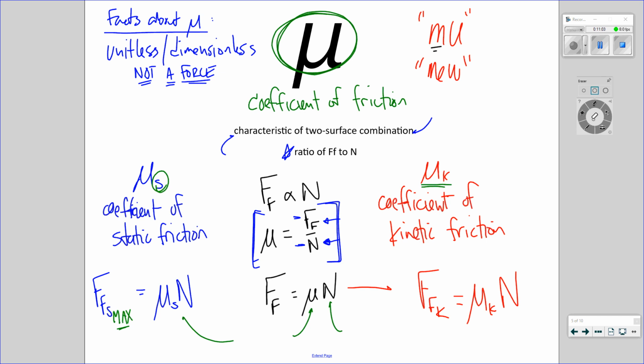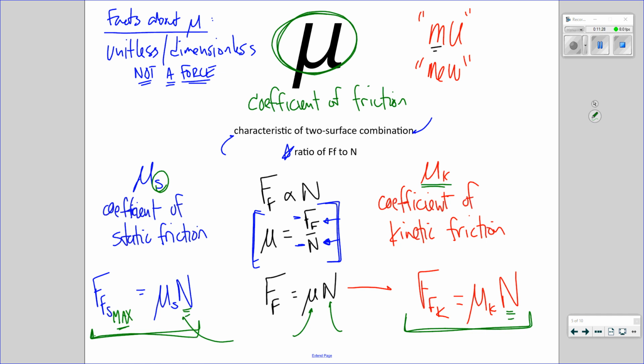Well, the peak static friction, that's one thing. The peak static friction is always, and be careful about using always, but in every case that you as an introductory physics student will see, the peak static friction is always more than the kinetic friction. And that's for the same normal force.